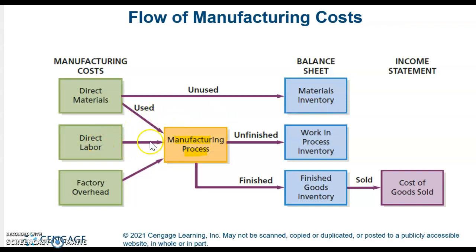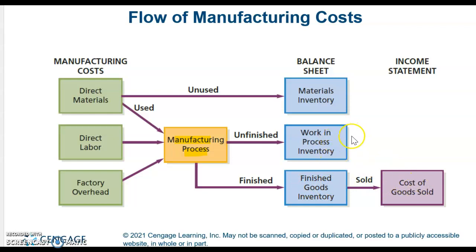Direct labor goes into the manufacturing process, and manufacturing overhead goes into the manufacturing process. So here, once it goes into manufacturing, if it's unfinished, it stays in WIP. If it's finished, it goes into finished goods. And if the finished goods are sold, they go into cost of goods sold.